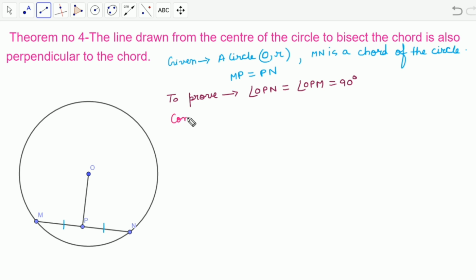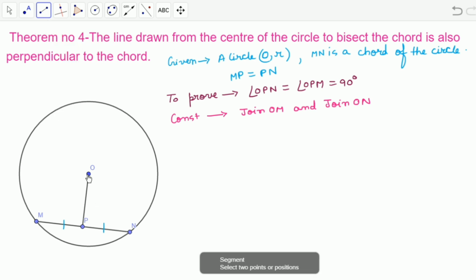Let's draw the construction. Construction: join OM and join ON. O to M and O to N, right? We'll join them.